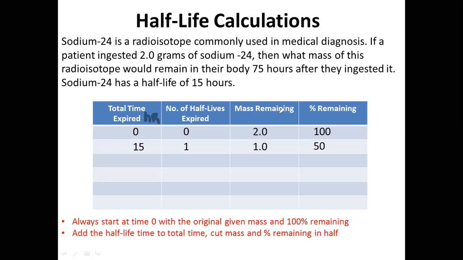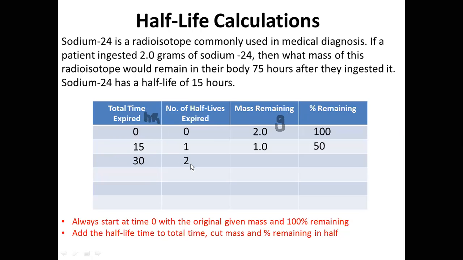We might also want to recognize our mass is a gram amount, so I'll put that label too, so we're aware that's what we're looking for. Now we go back and add the half-life time to the total time. Remember, the half-life is 15. So now we add 15 to the 15 hours that have already expired, and that makes 30 now.